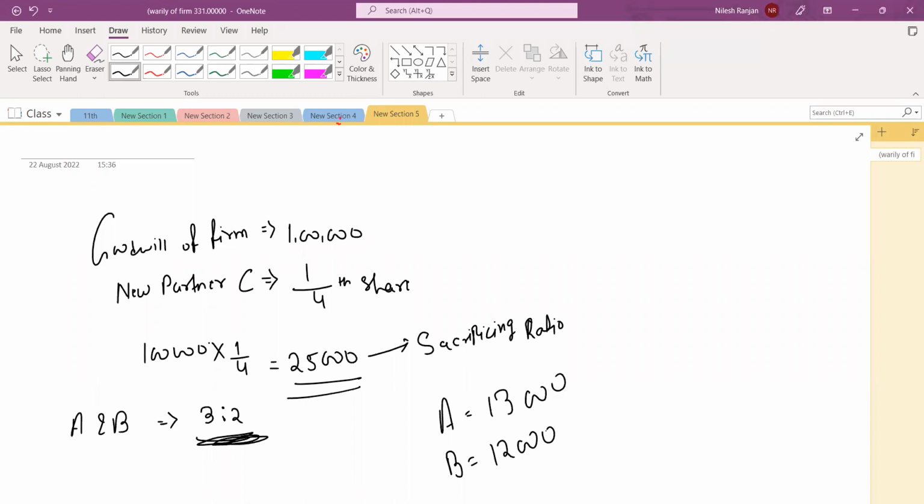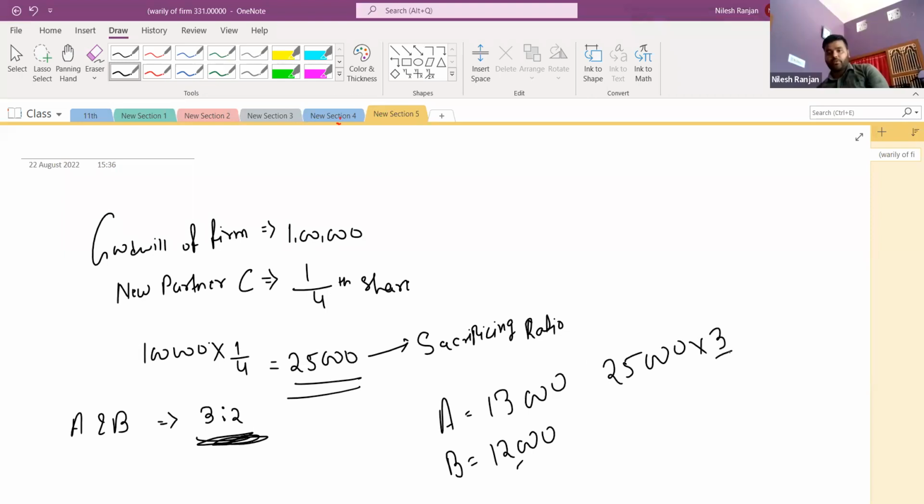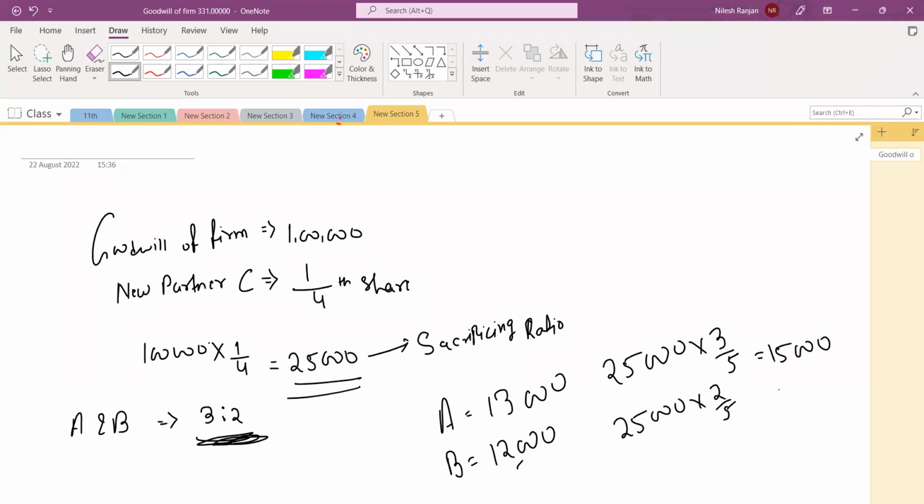No, I told you that 3 is to 2 is the old ratio, and we have to distribute it in the sacrificing ratio. And if you distribute in 3 is to 2, it is also incorrect. Because if we distribute 25,000 in 3 is to 2, you will get 25,000 into 3 by 5 and 25,000 into 2 by 5, so it will come to 15,000 and 10,000.